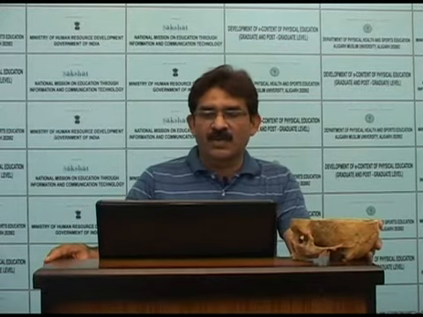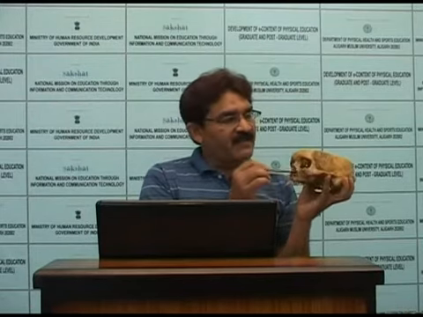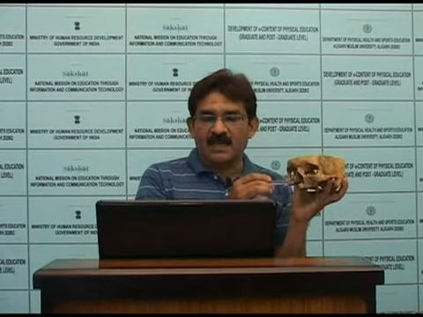Now I want to describe the osteology of the skull. The skull is divided into two parts: the neurocranium, which forms a protective case or vault around the brain; and the viscerocranium, which forms the anterior part of the skull, including the orbits, nasal cavities, and upper and lower jaws.